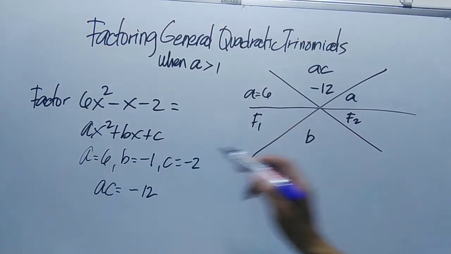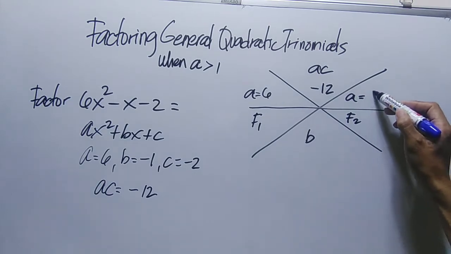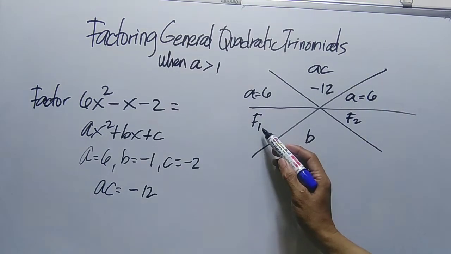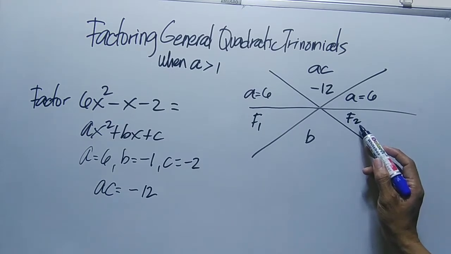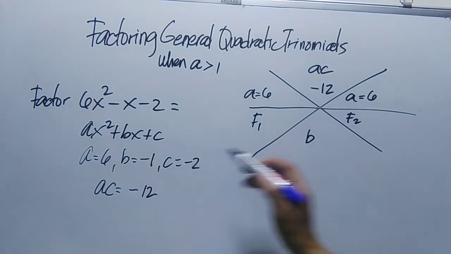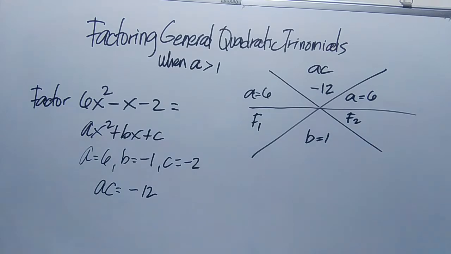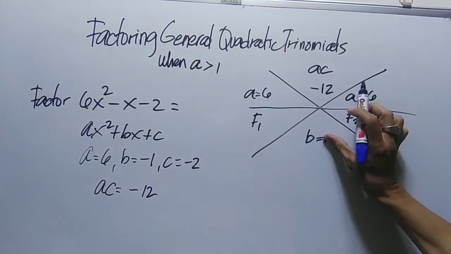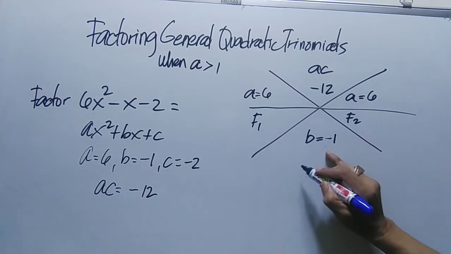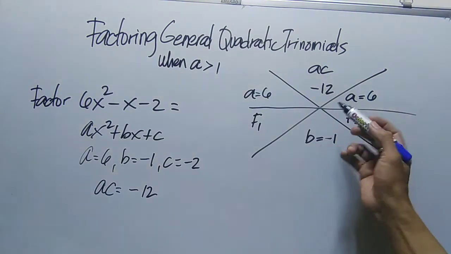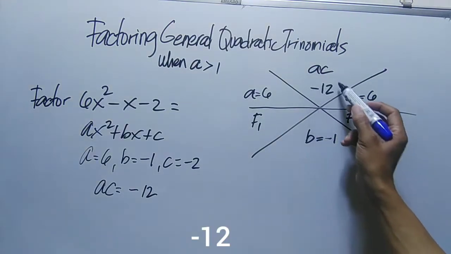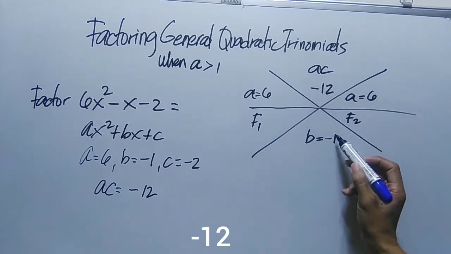Dito rin sa kabila, 6 din yan. Si first factor, hindi pa natin alam, at saka si second factor, hindi rin natin alam yan. And then yung B natin is negative 1. Ay, sorry, 1 lang pala yan. Negative 1. So ngayon, hanap tayo ng mga possible factor of 12 na ang kanyang sum ay negative 1.